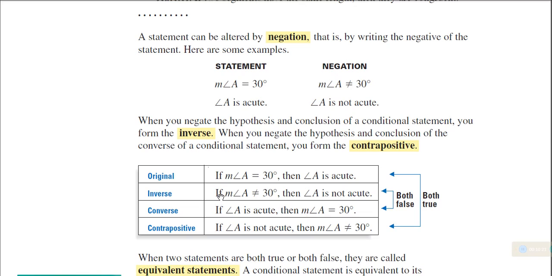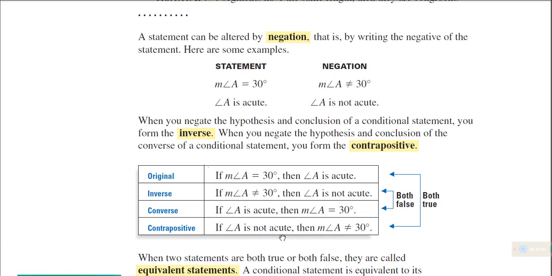Same as this inverse, na hindi lahat ng mga angle na hindi 30 ay hindi na acute. Dito naman, hindi lahat ng acute ay equal sa 30. Meron tayong ibang angles na acute which is not equal to 30. So, pwede ka maglagay ng counterexample for inverse and converse. May nag-exist na counterexample, so they are false.